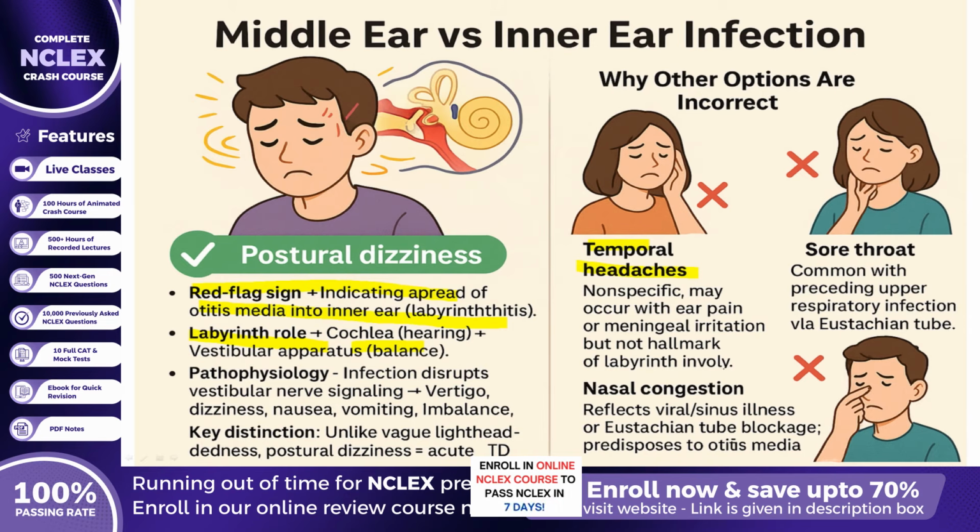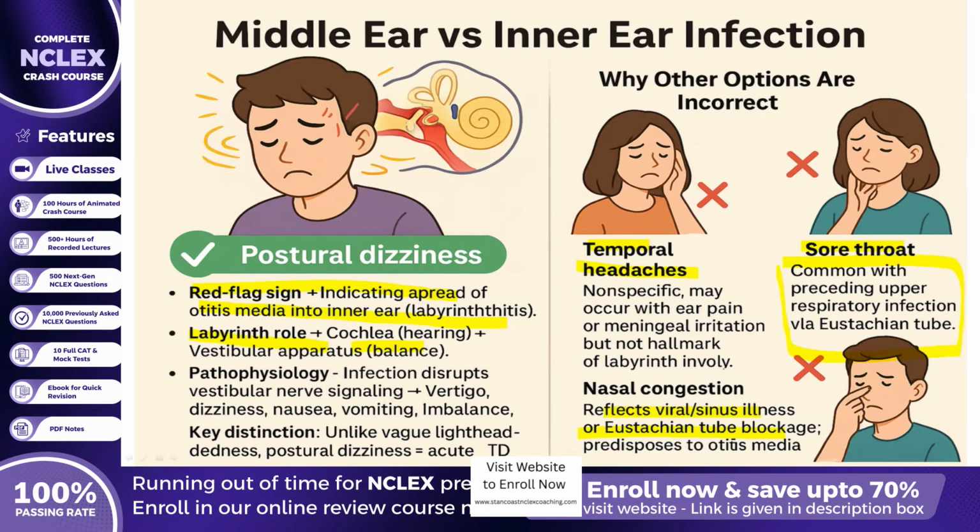Moving to option 2, a sore throat, this symptom usually reflects the upper respiratory infection that often precedes otitis media because of the connection between the pharynx and the middle ear via the eustachian tube. However, it does not indicate spread into the inner ear. As for option 3, nasal congestion, this is another nonspecific finding often linked to viral respiratory illness or sinusitis. While it can worsen eustachian tube blockage and predispose to middle ear infection, it does not signify labyrinth involvement.